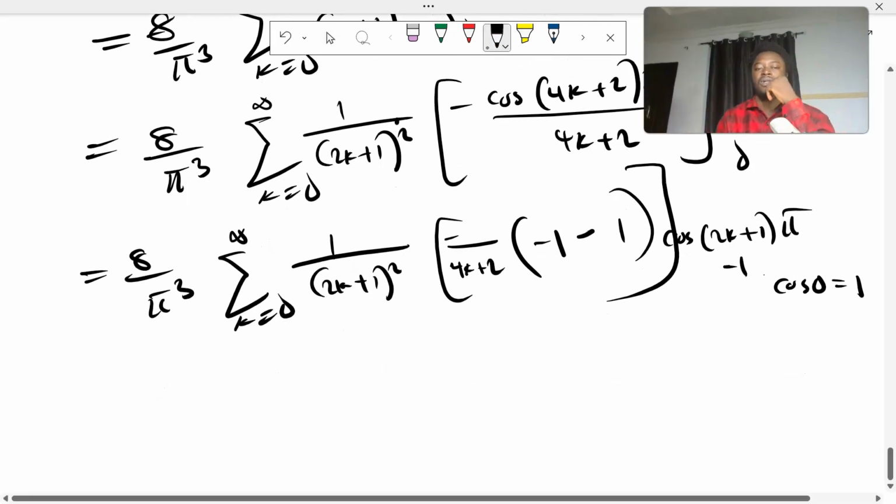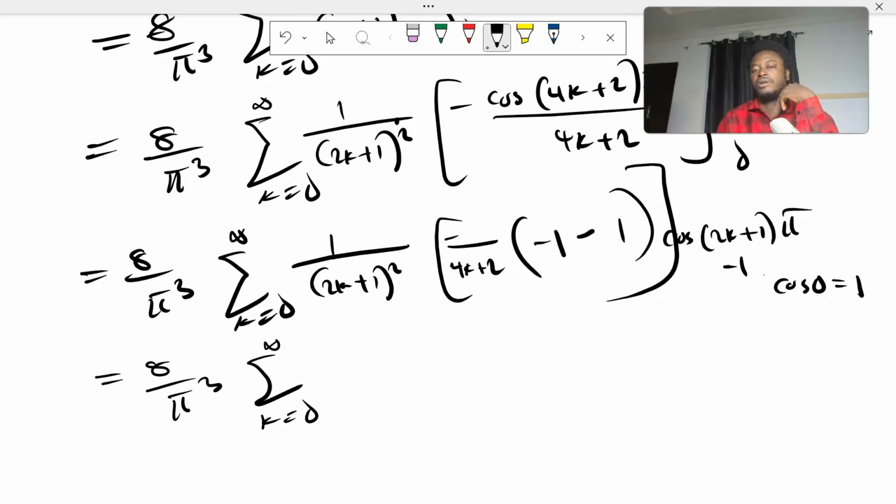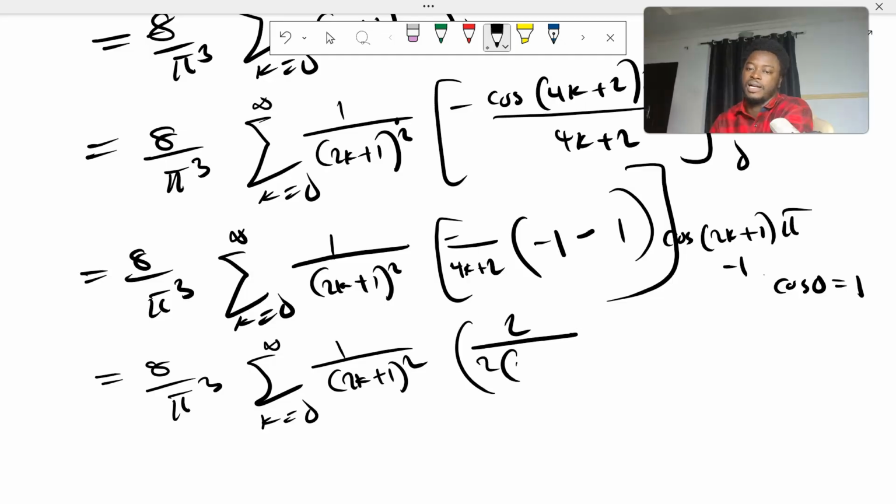So you would have 8 over pi cubed times the sum as k runs from 0 to infinity of 1 over (2k plus 1) squared, then you have 2 divided by 2 times (2k plus 1).